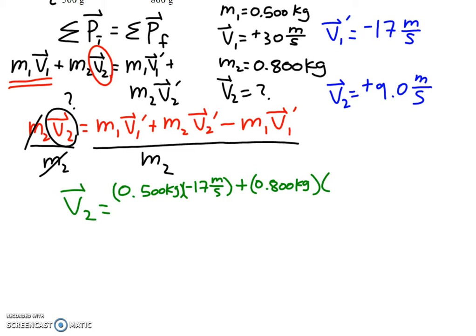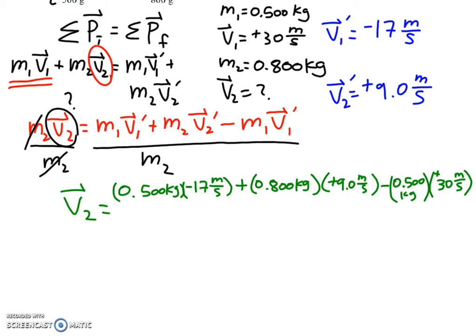Oops, I forgot to put, there you go, positive 9.0 meter per second, everything closed, minus, it is a very long numerator, mass 1 again, which was 0.5 kilogram. So it's going to be written down like this. And my first speed, 30 meter per second.